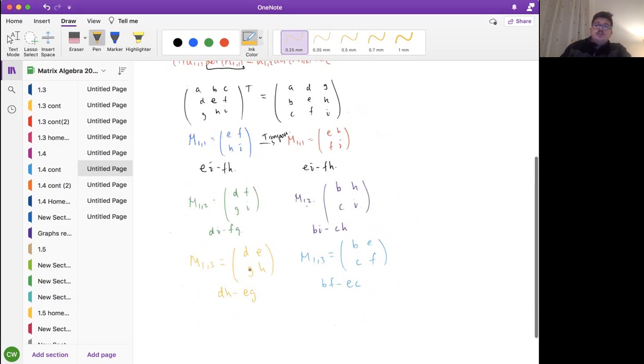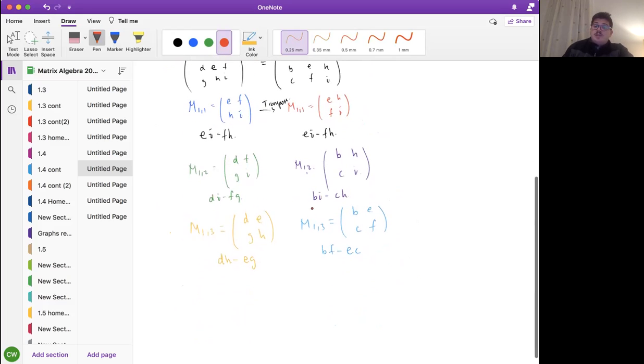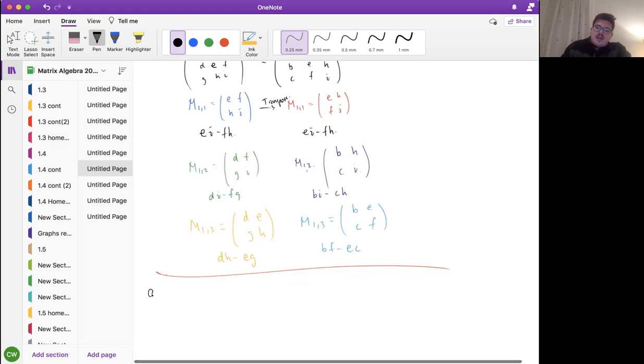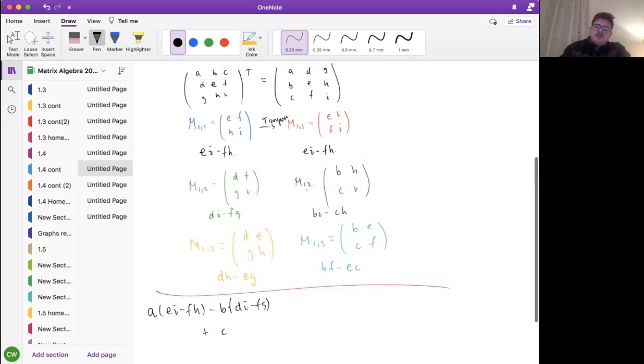So now when we do the determinant, we would sum up these entries, multiply by some value, right? So we would have A times EI minus FH, minus B times DI minus FG, and then plus C times DH minus EG.